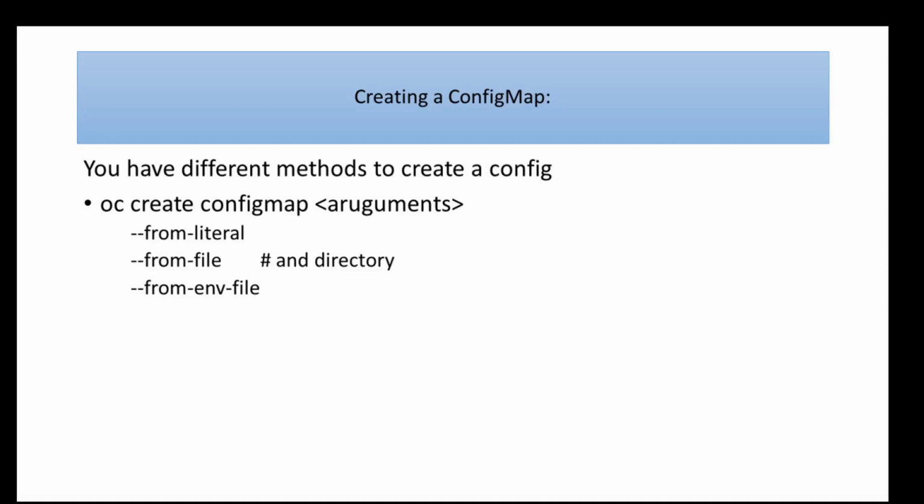Creating a config map. You have different methods to create a config map. oc create configmap, and you can pass specific arguments: from-literal, from-file, from-env-file. Let's see what the differences are, and why we want these different methods.